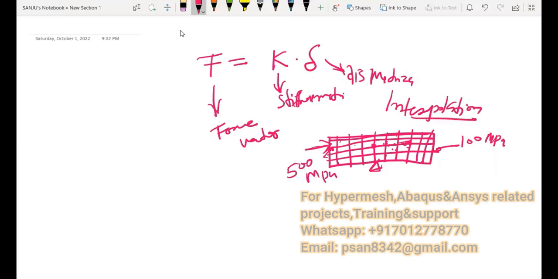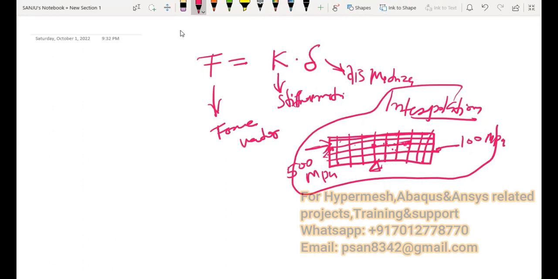So that's how the software will work. The basic theme is to calculate the equation for a limited set and interpolate for the entire domain. That is what happens internally inside the software, with some algorithm for the same.